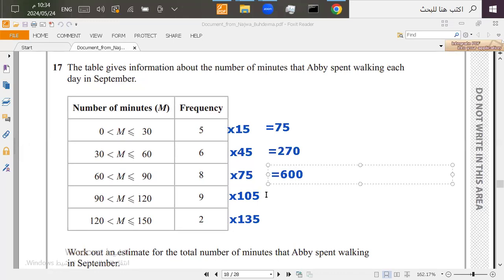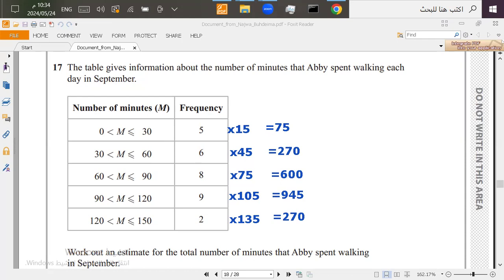And then 9 times 105, 9 times 5 is 45, so 945. And the last one, 2 times 135, it will get me 270. Now, these are the numbers of minutes multiplied by the frequencies.